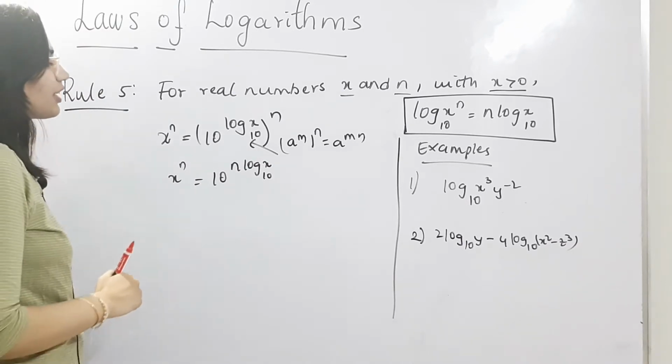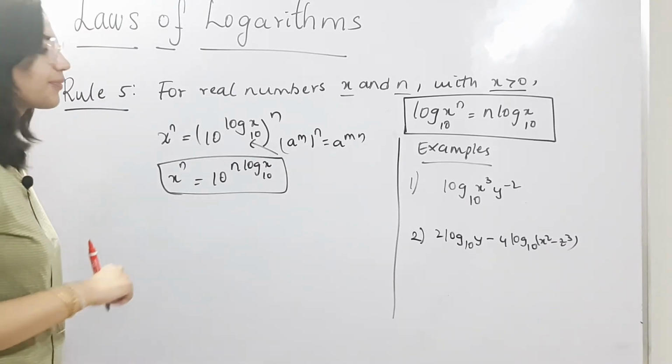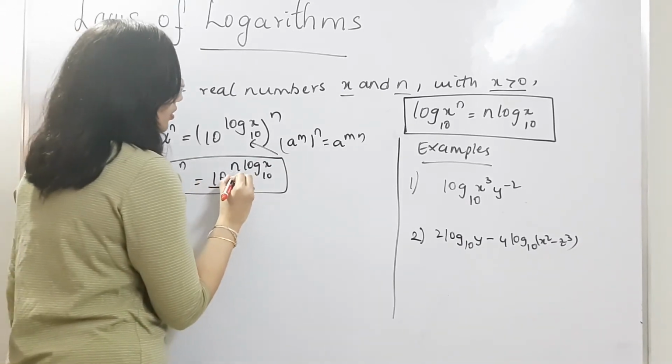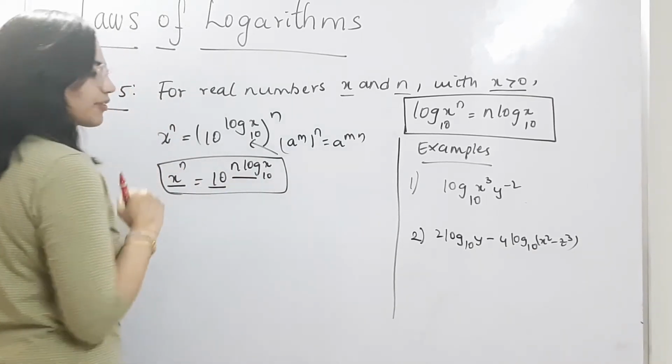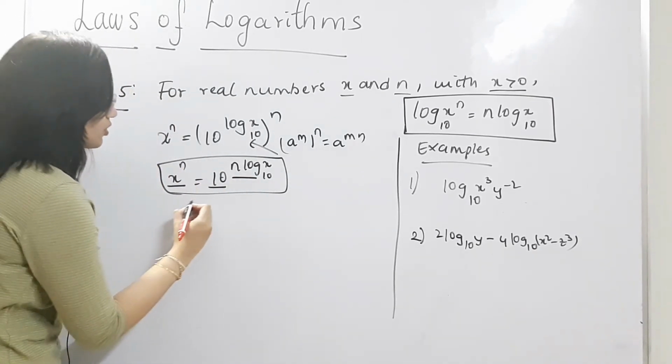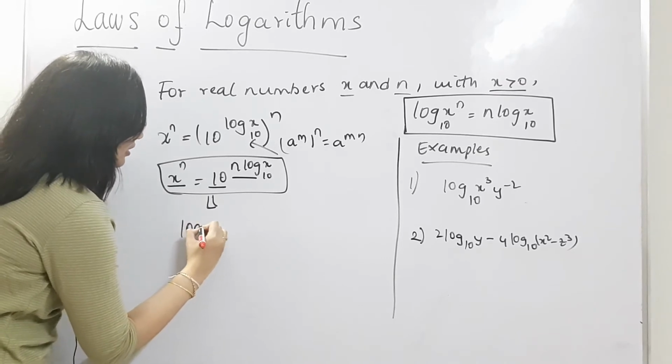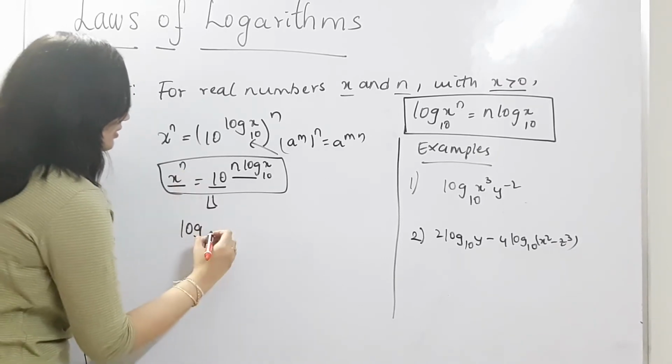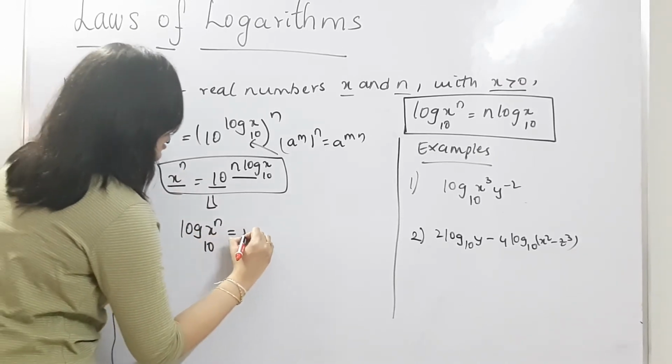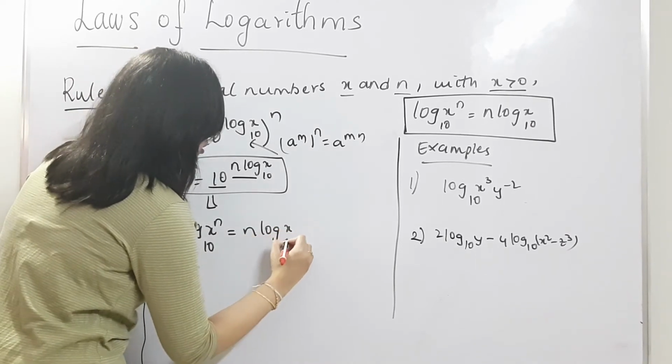Right. So, now the concept of logarithm here. 10 is the base, this is the exponent, and we should get x to the power of n as the result. So, how do we convert this into logarithm? We'll say that log to the base 10 of x to the power of n is equal to n log x to the base 10.